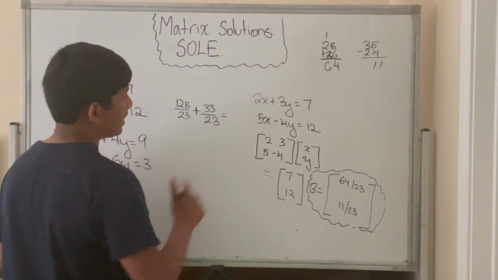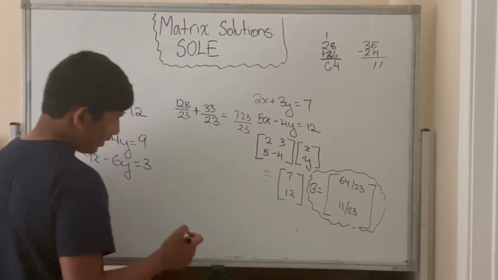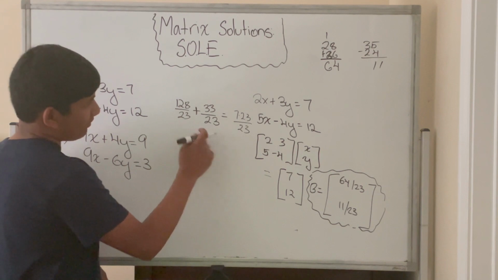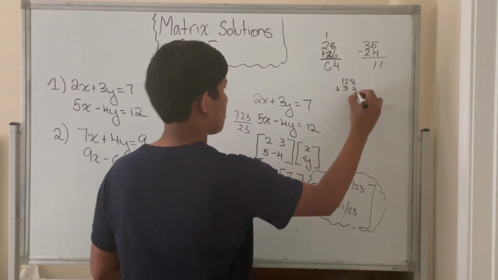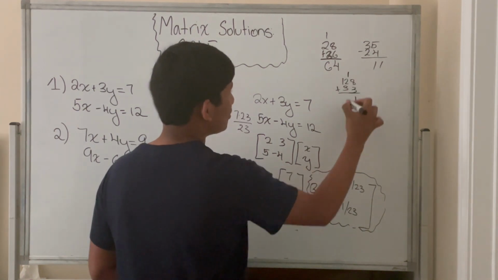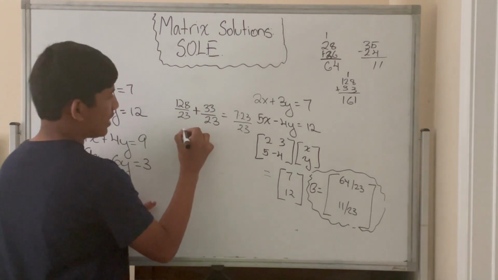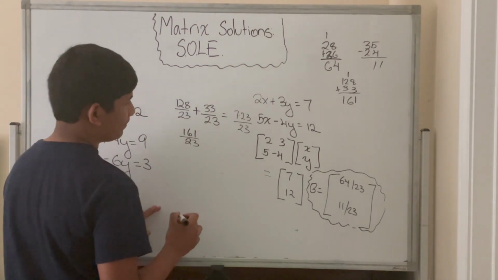This is equivalent to 7 times 23 over 23. Now the reason we're writing it this way will seem a lot more familiar after we add these two together. So 128 plus 33. That's 8 plus 3 is 11. 2 plus 3 is 5 plus 1 is 6. And 1 is 1. So we have 161 over 23.